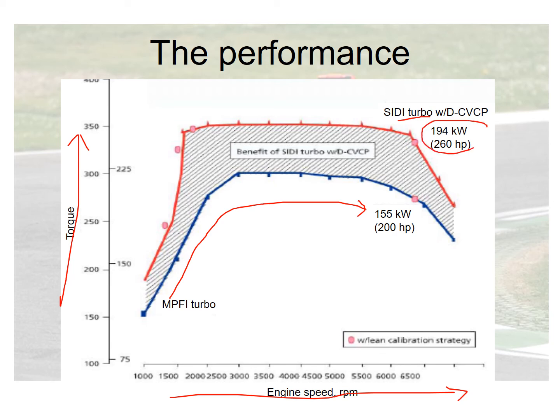For example, it can increase up to 194 kilowatt or 260 horsepower. So with this, we consider it as lean combustion. So this kind of technology has made possible a high performance engine.